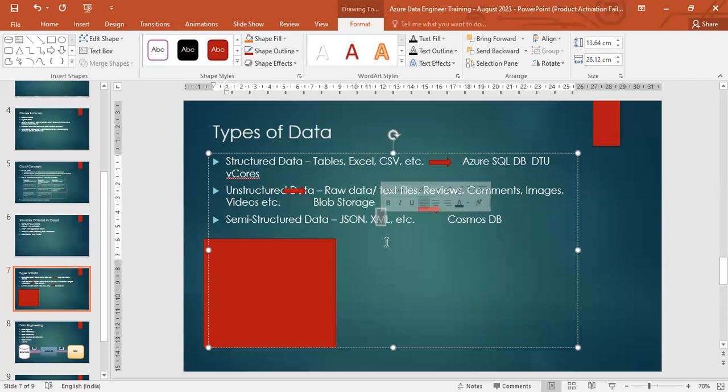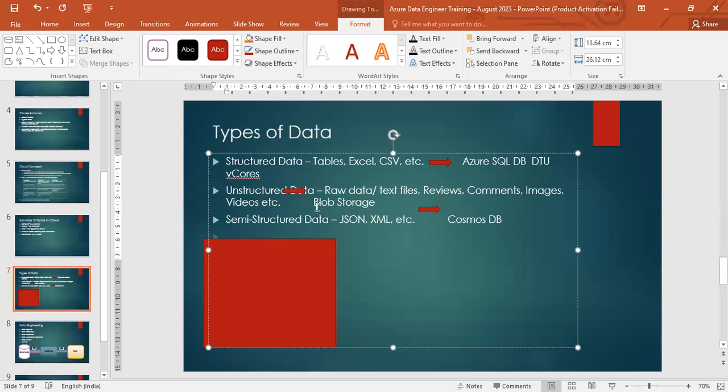Those are also supported through ADF. It is different for each connector type, and there are 100 plus connectors in ADF. They have given a matrix of which file formats or data types are supported when you do the copy activities.